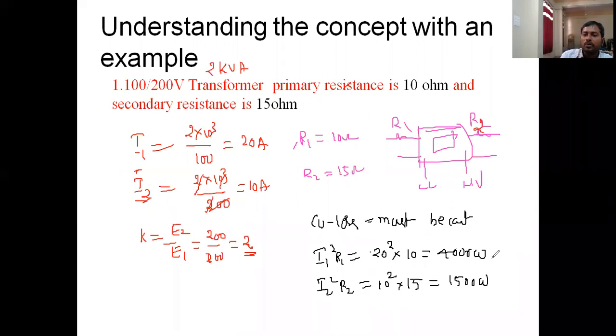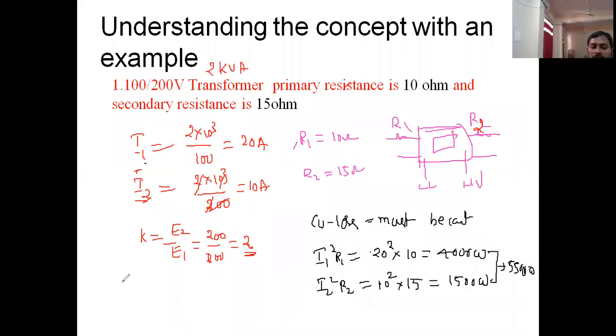So now the total losses will be how much? 4,000 plus 1500, 5,500 watts. The condition to transfer the copper losses from primary to secondary is I2 square R2 is equal to I1 square R2 dash.